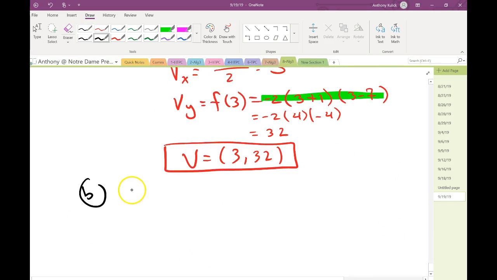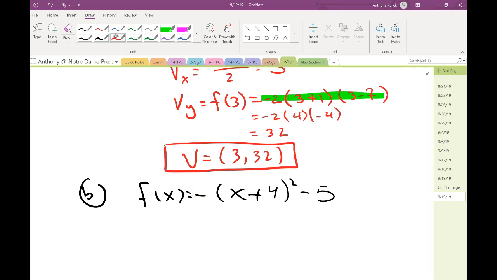Next, let's say we have f of x equals negative x plus 4 squared minus 5. Which form is this in? This is vertex form.